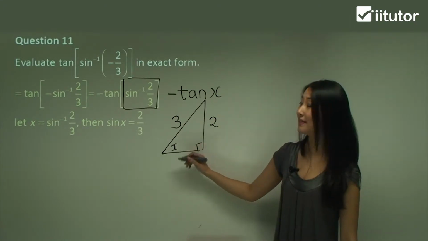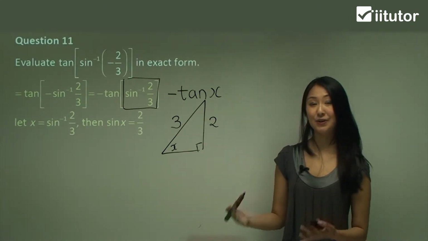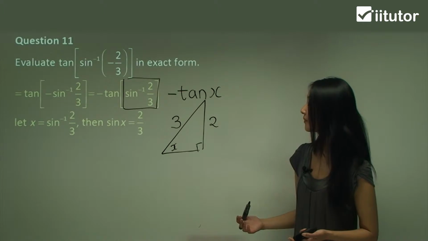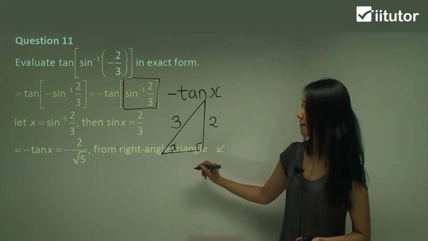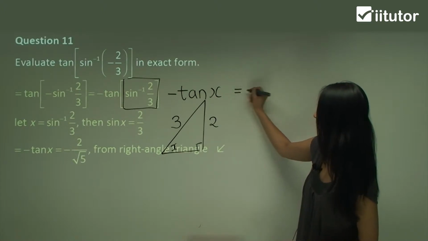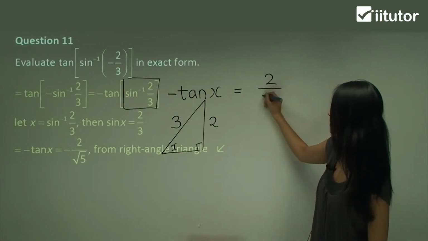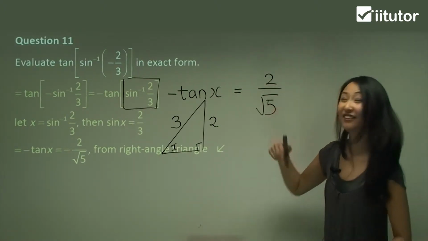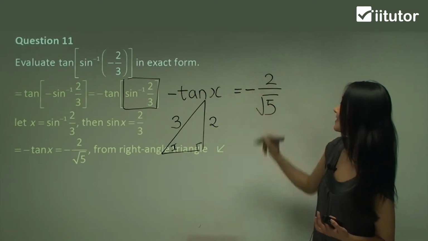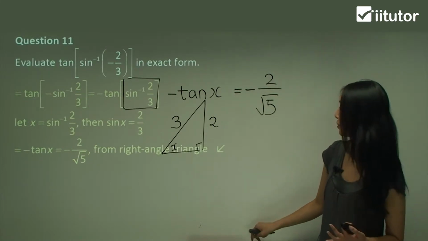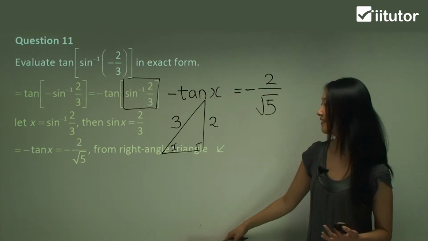To work out the adjacent side, we just need to use our Pythagoras formula. Now, we work out that that equals square root 5. So tan x equals 2 on square root 5. The only difference, as I said, was there's a negative sign. So this is going to equal negative 2 on square root 5. Can you see that?